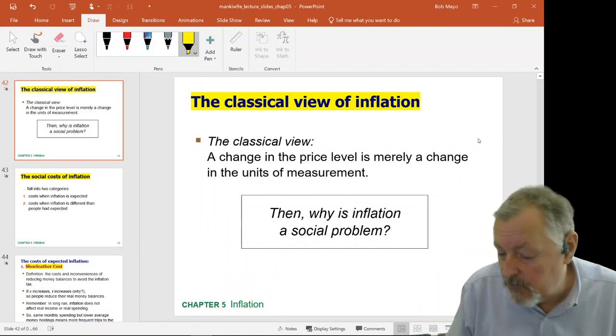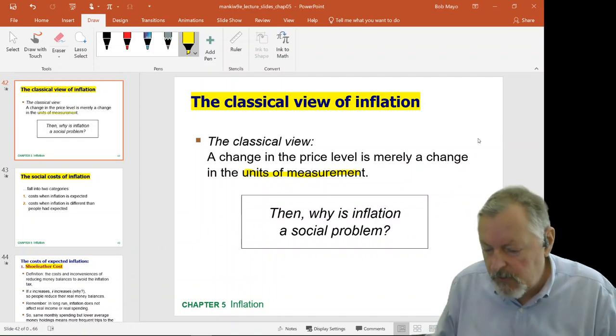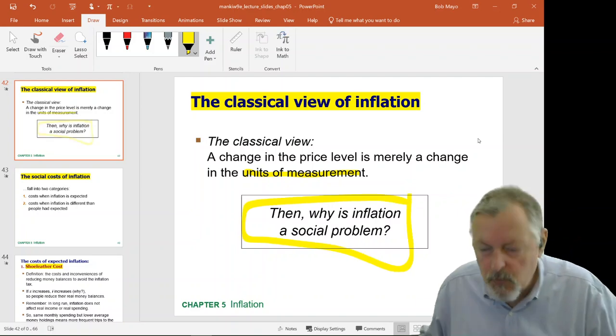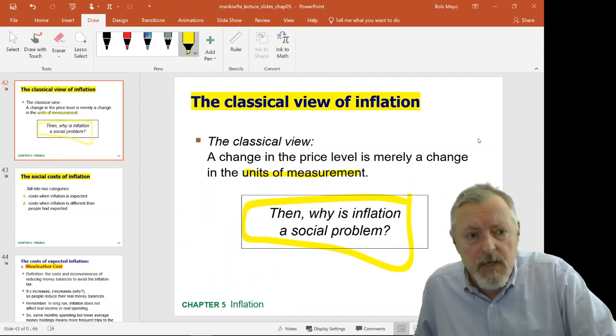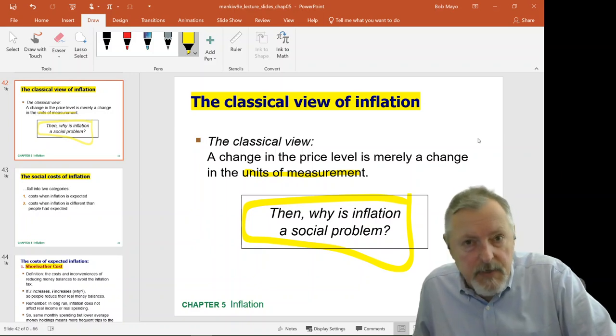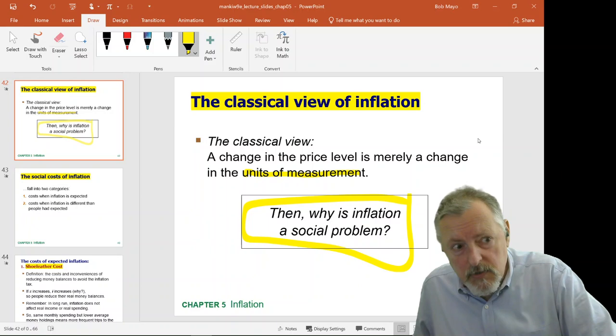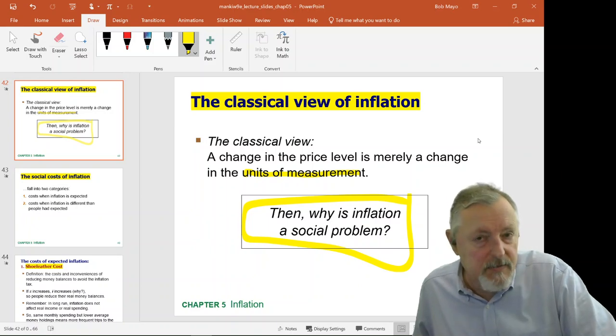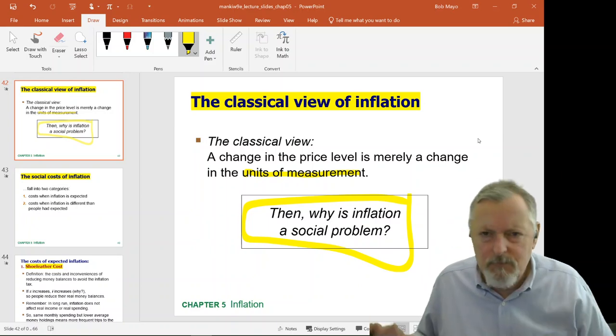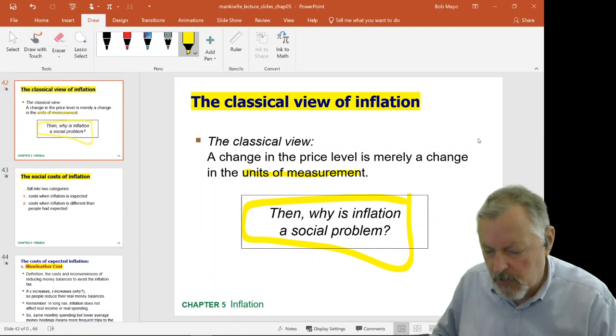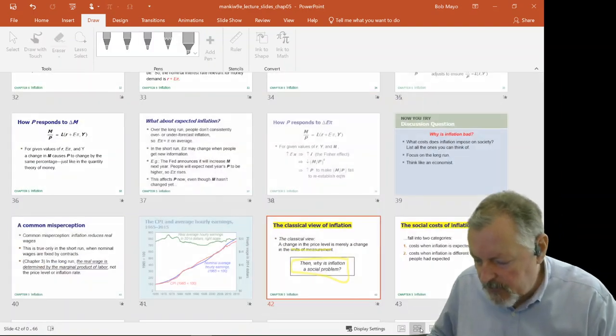It's just a change in units of measurement. Well, if that's true, then why would we care if prices change? If the price of everything doubles and the amount of money you have doubles, you can buy exactly the same wealth. So why does it matter what the price levels are? It matters for these reasons.